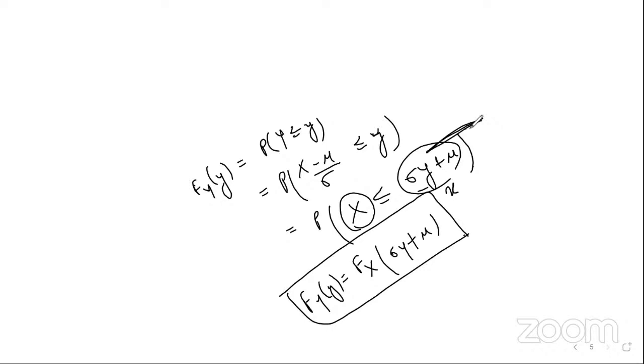Let me check what is in 7. In 7 also you have to find the CDF of a geometric distribution. So how do you find the CDF?